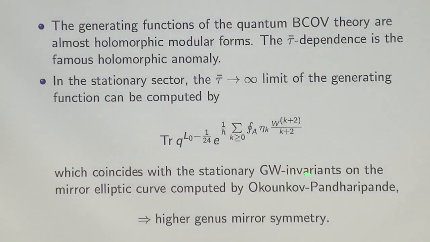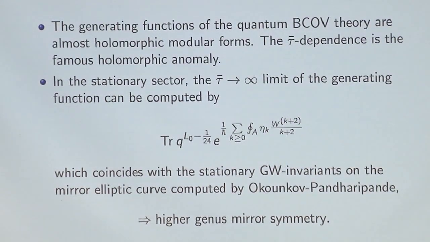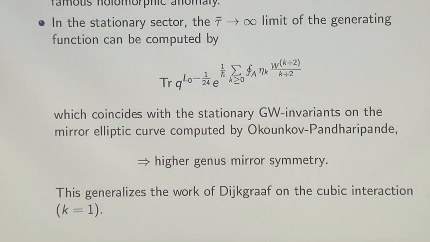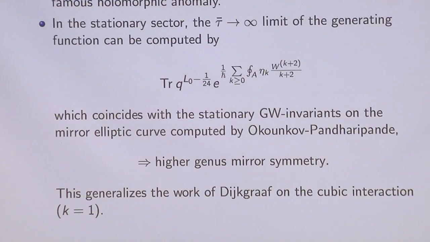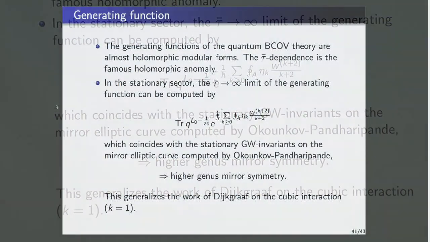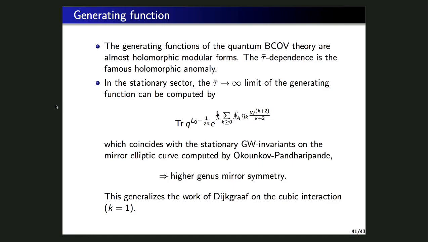Their result computes things in terms of fermionic vertex operators, and here it is bosonic, and they are identified. And this leads to a higher genus mirror symmetry. For the case k equals 1 for the cubic interaction, this is the original work by Dijkgraaf on this mirror symmetry, and Hurwitz covering versions of this mirror symmetry.